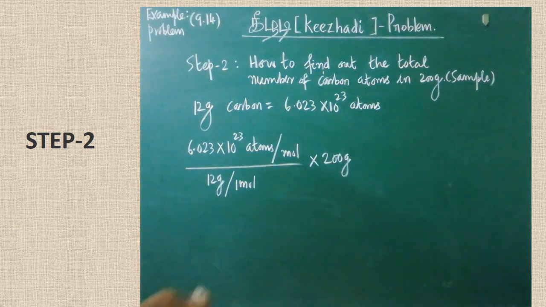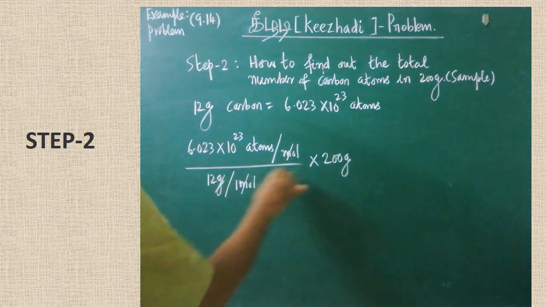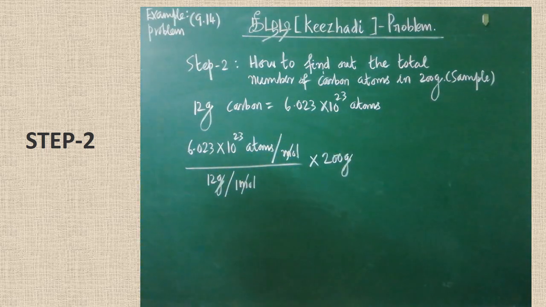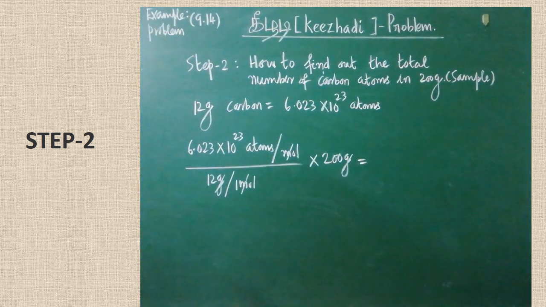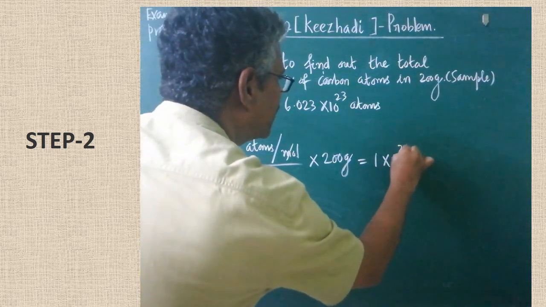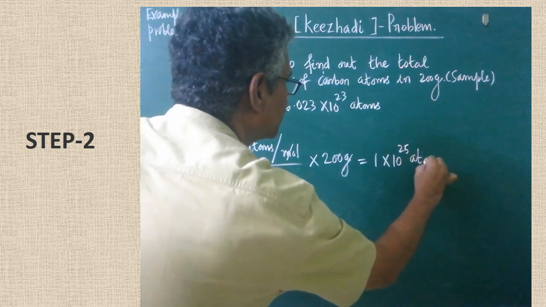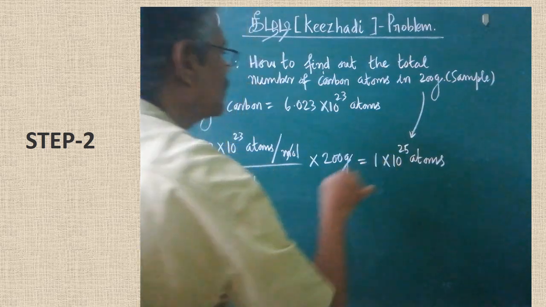How will the final unit be? Our aim is to find out the number of atoms. Mole can be cancelled. Gram can be cancelled. The final answer will be in terms of number of atoms. So after calculating the final value, the answer will be 1 into 10 to the power of 25 atoms. Are you clear? So this many atoms are present in 200 gram.